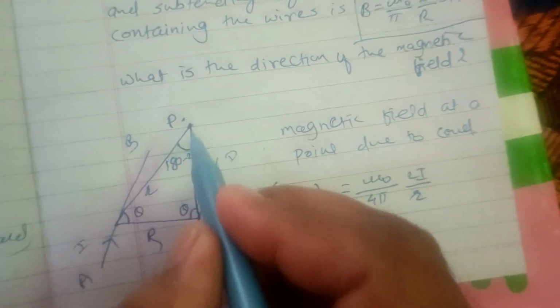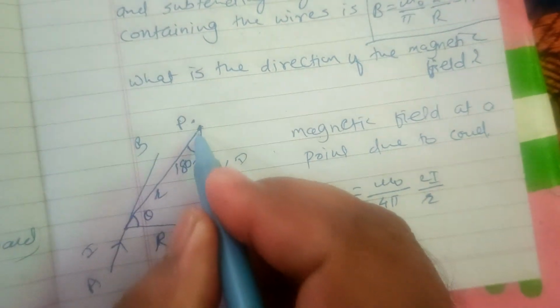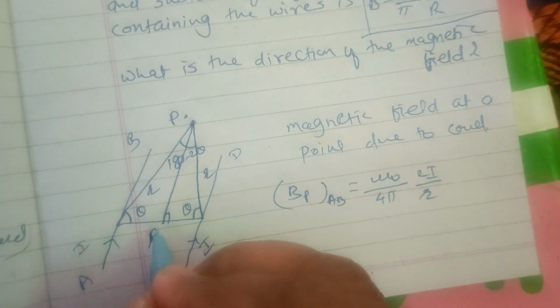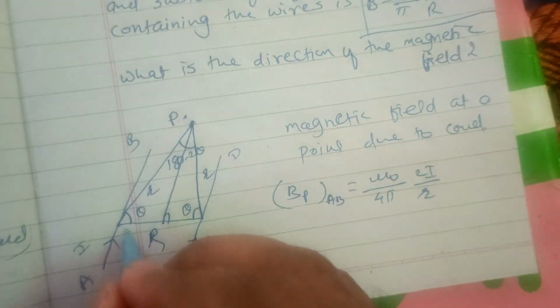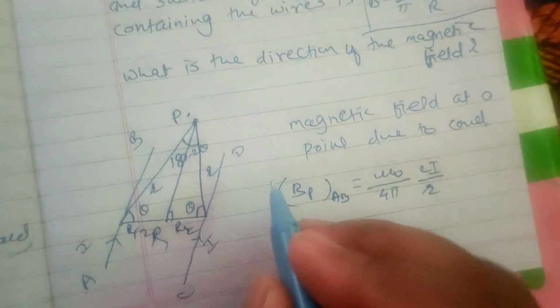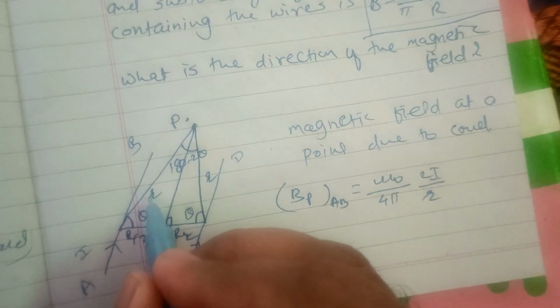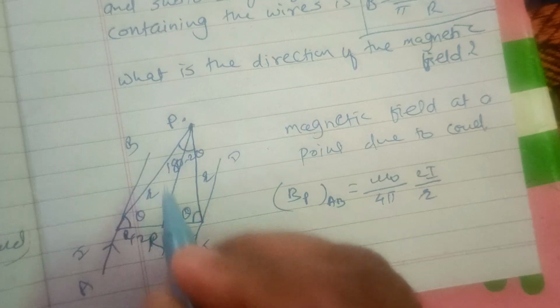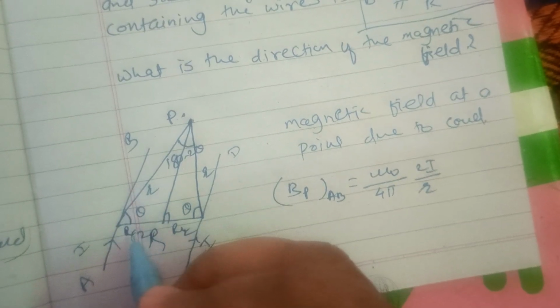So how to do it? Here we will draw a perpendicular from this to this. This is 90 degrees. Since it is a perpendicular bisector, this is R by 2 and this is also R by 2. Now we have to find the small r. So we can write this is theta, this is small r, this is R by 2.